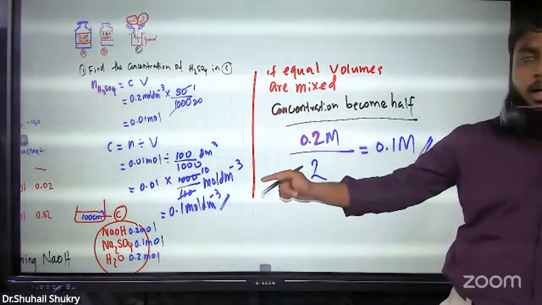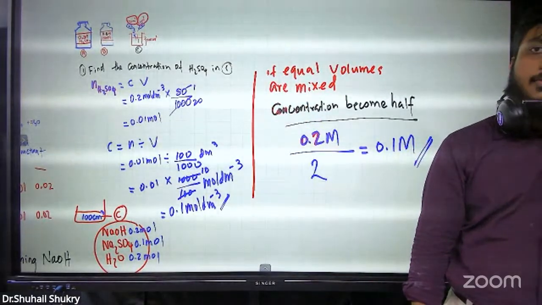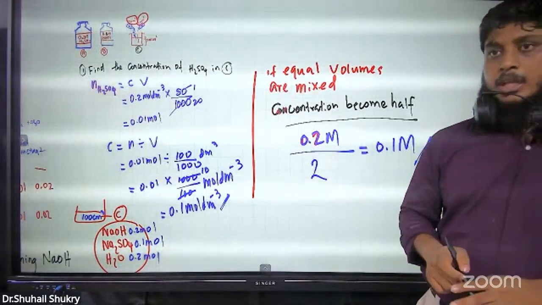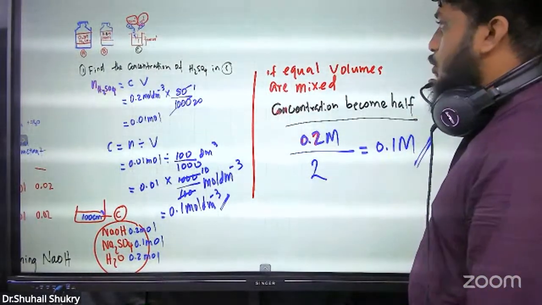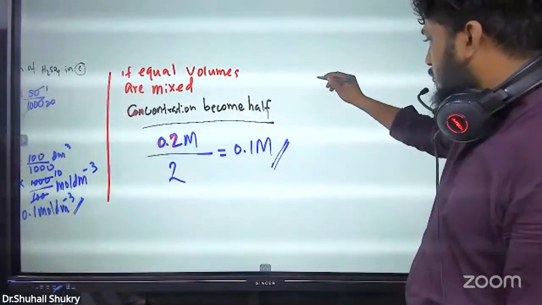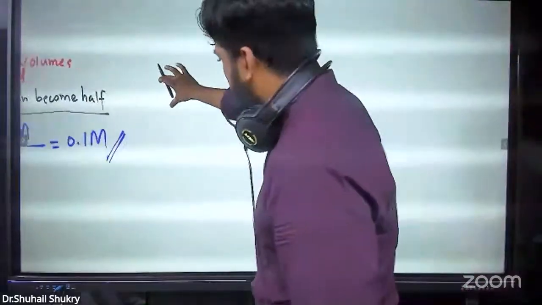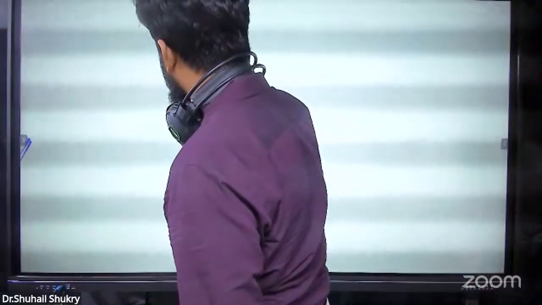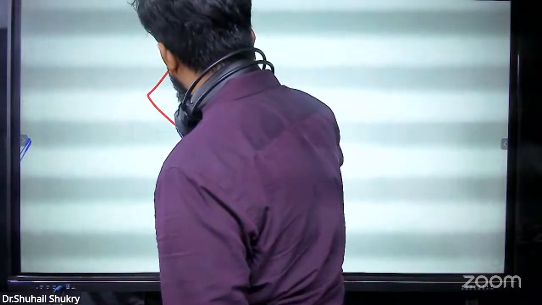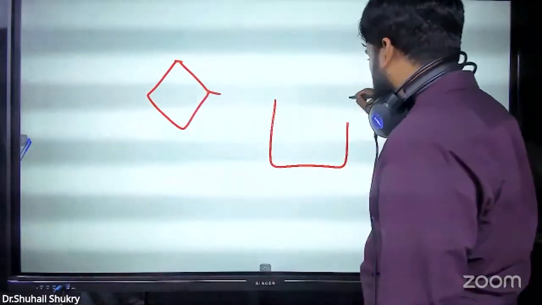Without finding one by one, I can find the concentration using volume ratios. For an example, we'll think, we are mixing two things. Just imagine we are mixing two things.